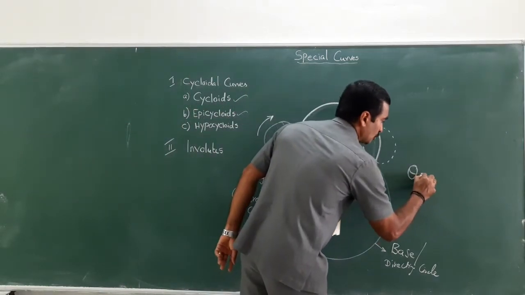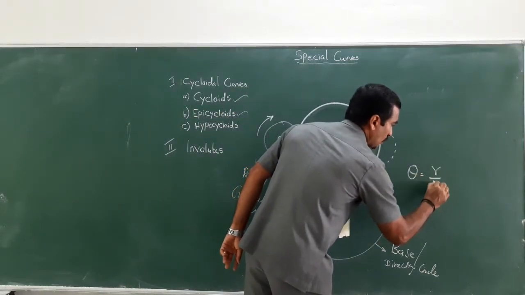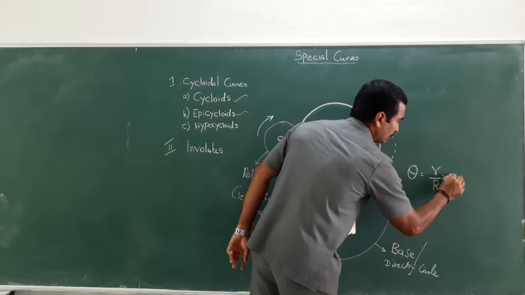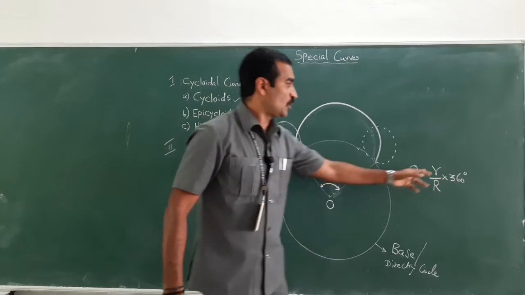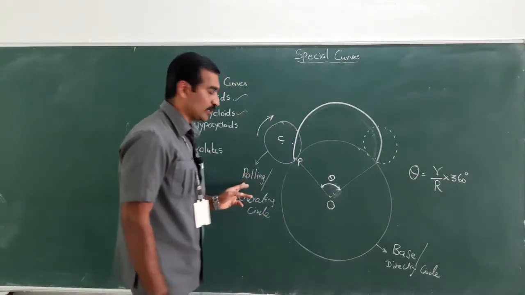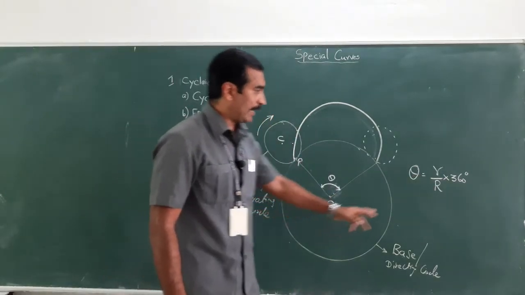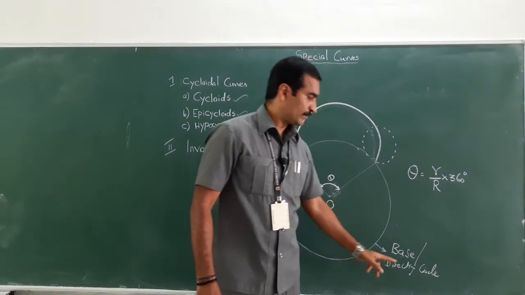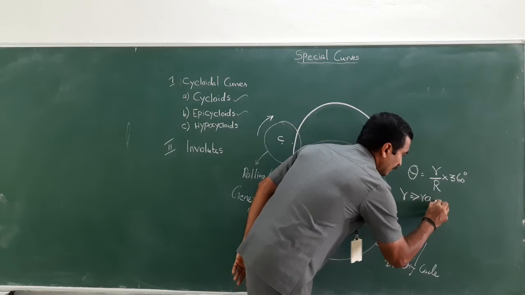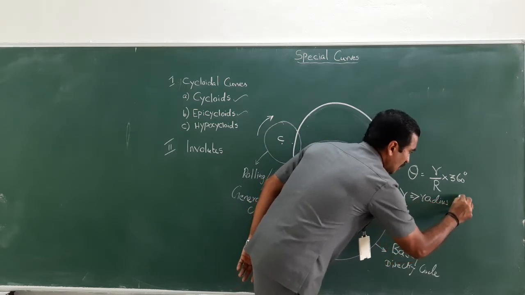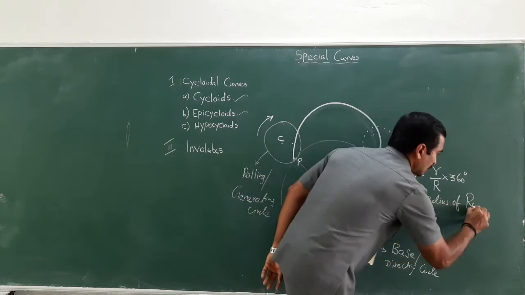Theta equal to small r by capital R into 360 degrees. The small r is the radius of the rolling circle and capital R is the radius of the directing circle or base circle.